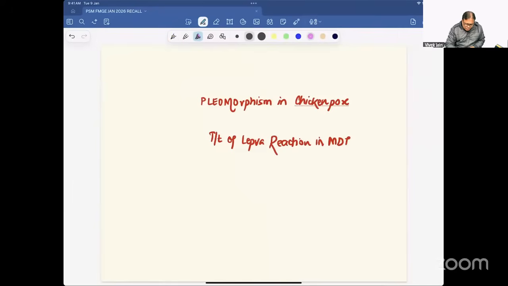Question on pleomorphism in chickenpox, friends. Was there a question on pleomorphism in chickenpox? Please confirm. Can you confirm?